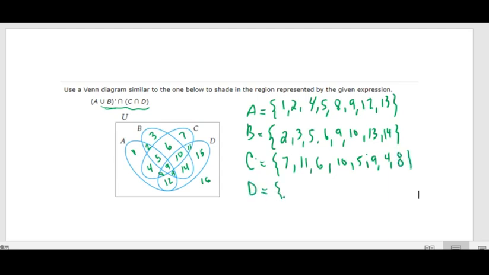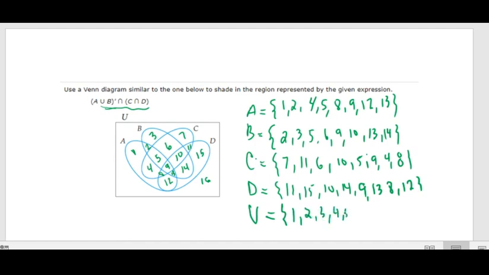And D is 11, 15, 10, 14, 9, 13, 8, and 12. And the universal set is everything, 1 through 16.